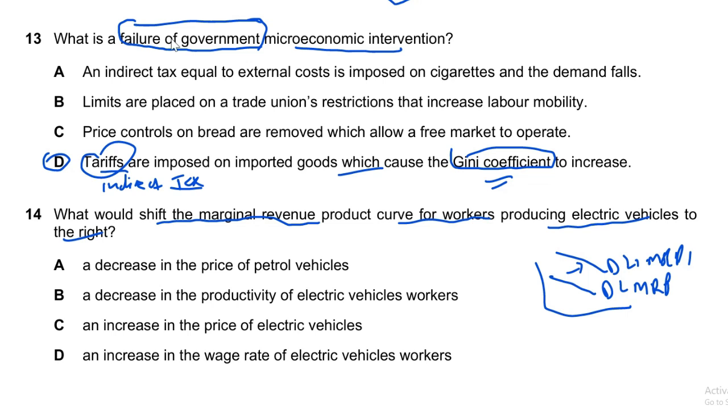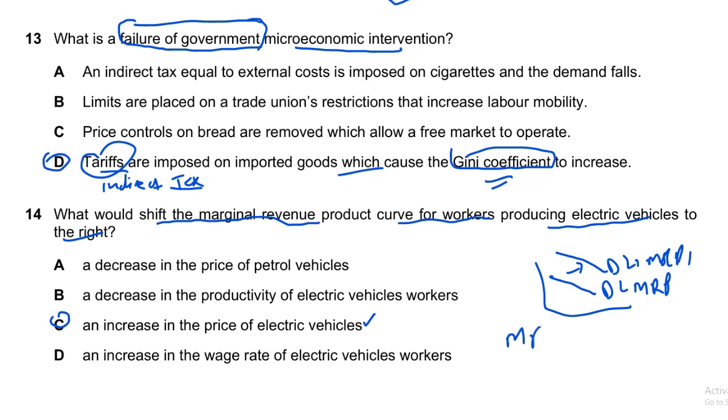Again, read all the options, and I'm explaining only the one option that is correct, and this is option C for this question. Increase in price of electric vehicles. If there is an increase in price of electric vehicles, then marginal revenue product of labor will increase.